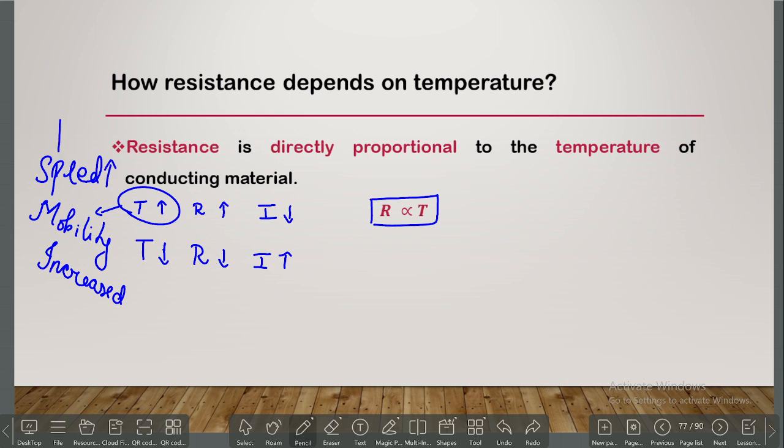Due to the increase in speed, collision of electrons will take place. Due to the collision, resistance will increase. The meaning of the word collision is that one electron will go and hit the other electron. So due to that, the resistance of the conducting metal increases and current flow will decrease.